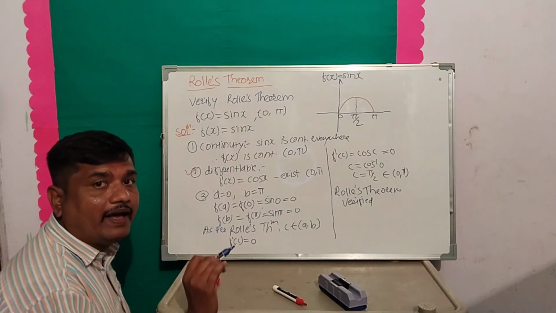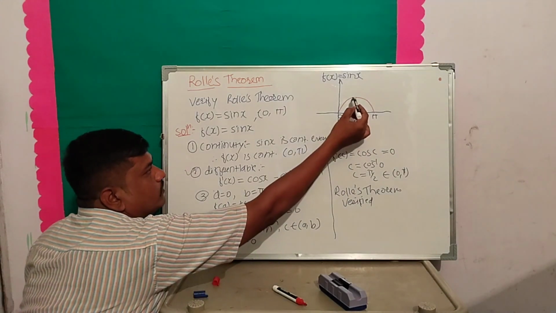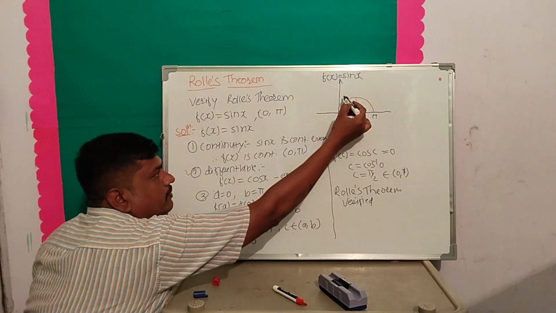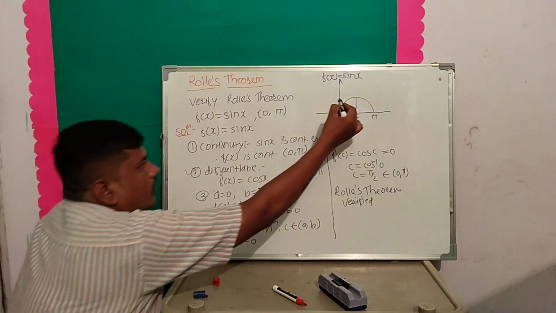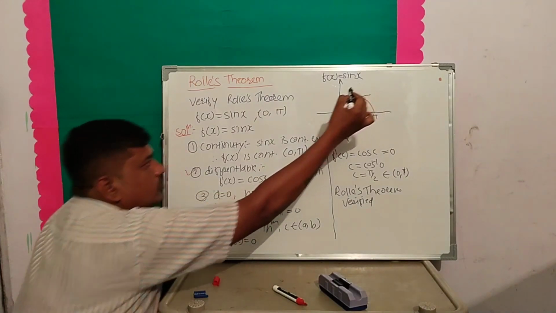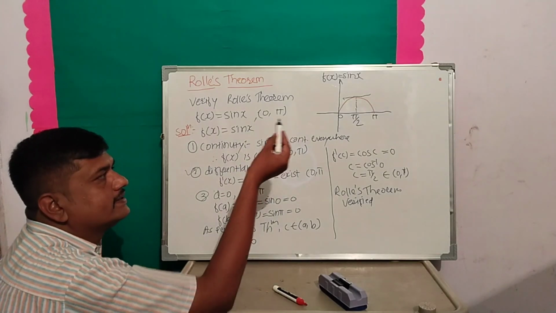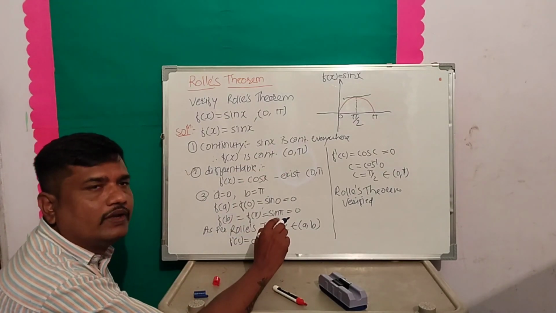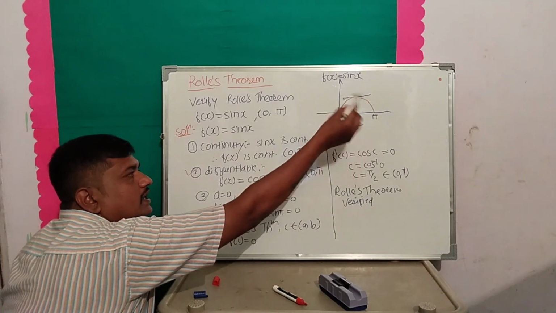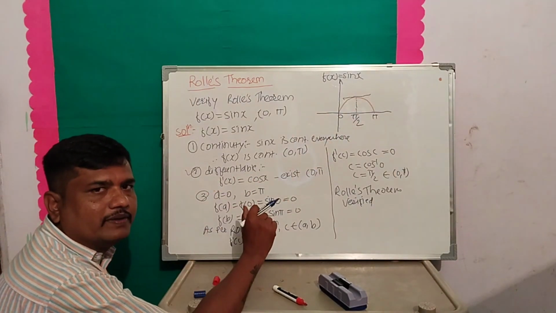That means it must be parallel to the x-axis. So here you can definitely see that at pi by 2, if I draw a tangent to this curve, it will be perfectly horizontal, and this has 0 slope. So f dash of c, that means f dash at pi by 2, is equal to 0.